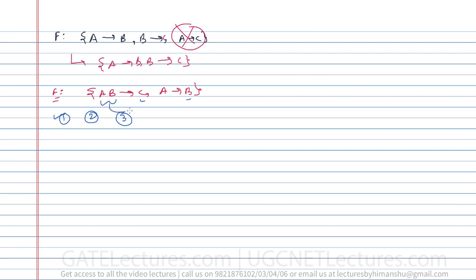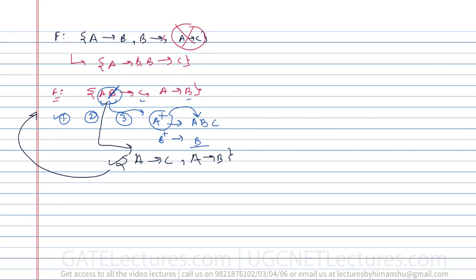First of all find A closure. A closure contains A, B, and with the help of AB I can identify C. In the same way, find B closure. With the help of B closure I can only identify B itself. So if A closure contains B, hence from this functional dependency I can remove B. Therefore the minimal set will contain A determines C and A determines B. So this represents the minimal set of functional dependencies which covers the given functional dependencies.